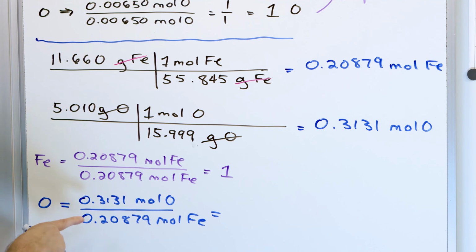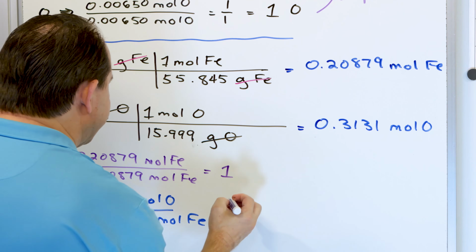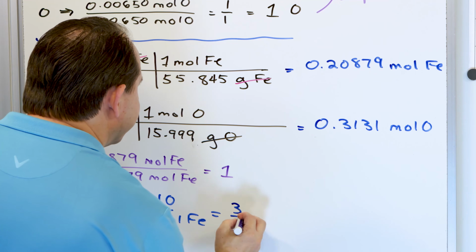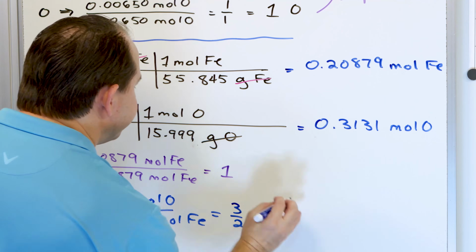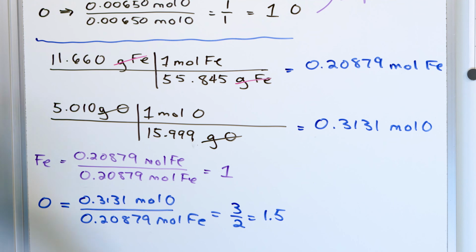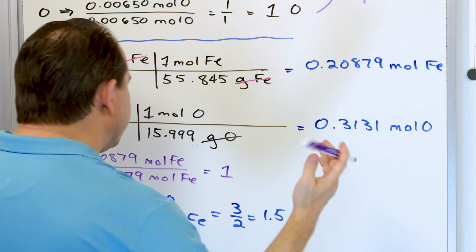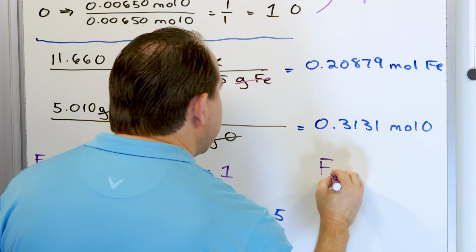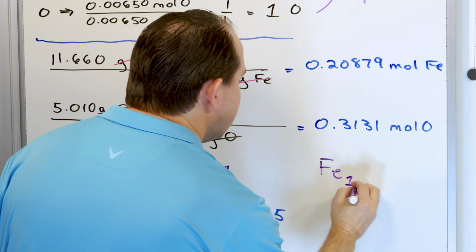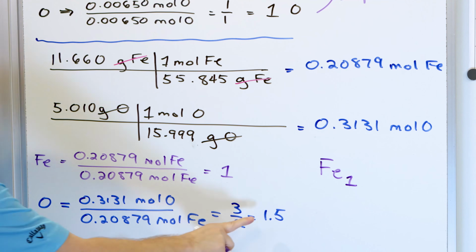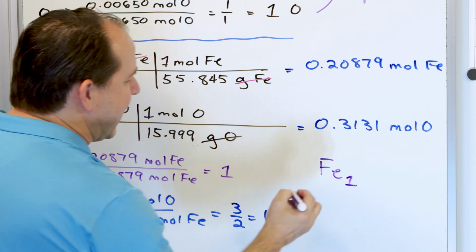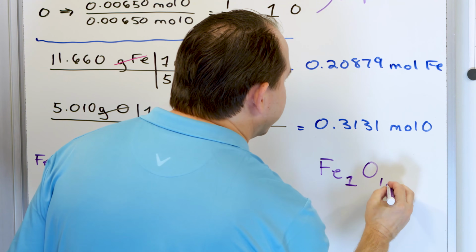Now we could simplify the fraction, dividing top and bottom by 0.20879, and what we're going to get is 3/2, which is 1.5. All right, so here's the problem. You were tempted to say, all right, Fe has a subscript of 1, and oxygen has a subscript of 1.5, or the fraction 3/2.